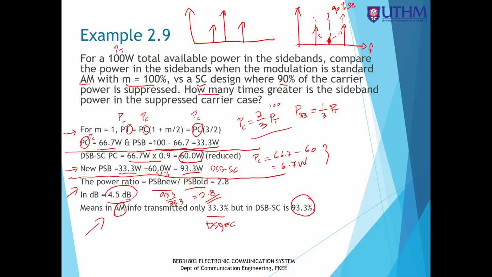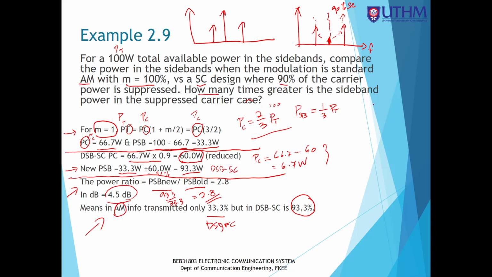Okay, in the suppressed carrier case, we suppress the carrier power by about 90%. Initially we calculate for the double sideband full carrier, we get 66.7. So I repeat again from the full carrier. In the ideal case when M equals 1, modulation index is 100%.